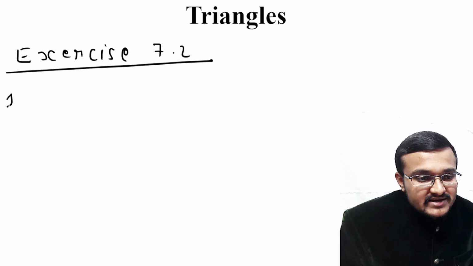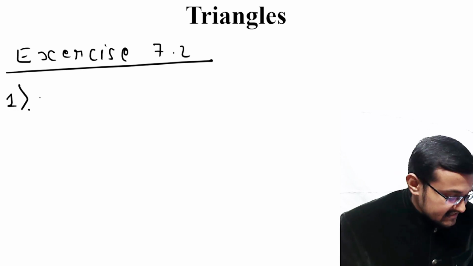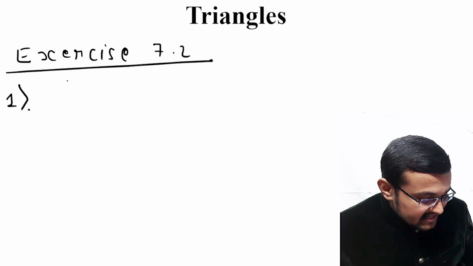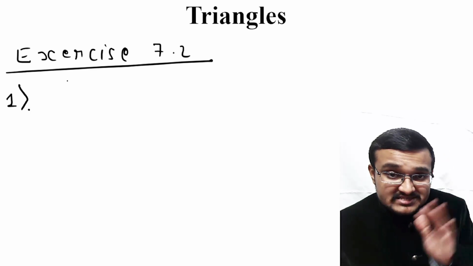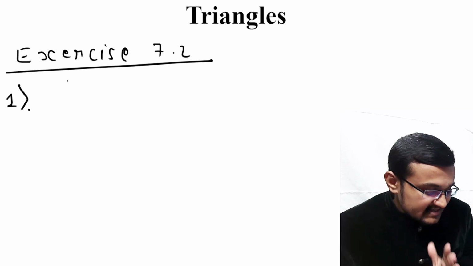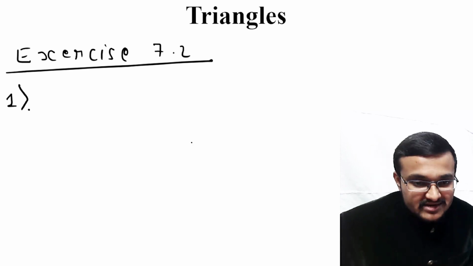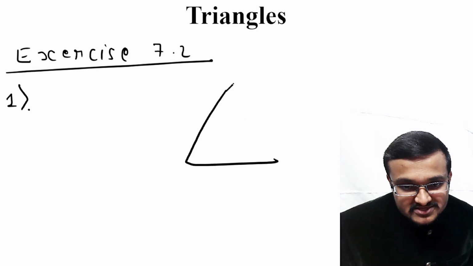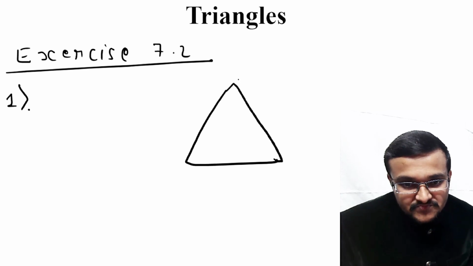Coming to the first question in this exercise: in an isosceles triangle ABC with AB equal to BC, bisectors of B and C intersect each other at O. So here we have to draw one isosceles triangle ABC like this.